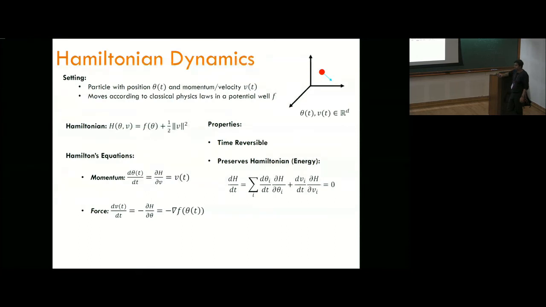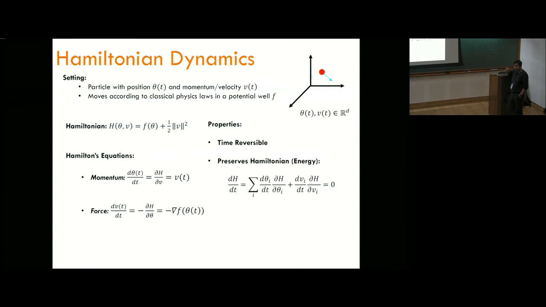The second property, which I guess is probably the most obvious one, is that this is not a time-varying Hamiltonian. This is a time-independent Hamiltonian, and so the rate of change of the Hamiltonian with respect to time, dH by dt, is 0. You just check that. Use the chain rule of derivatives, plug in the partial H by partial theta, which is minus dv by dt, and this will all be just 0.